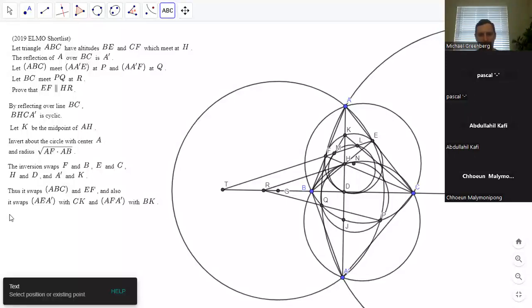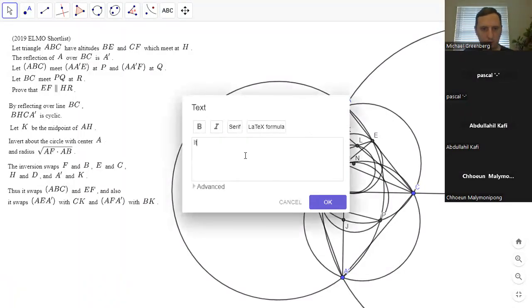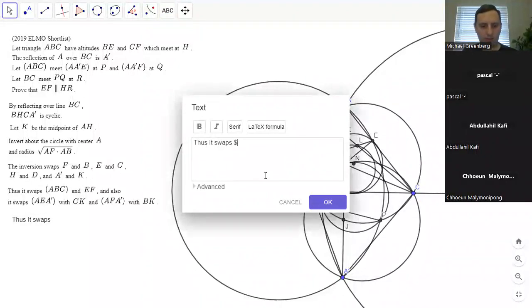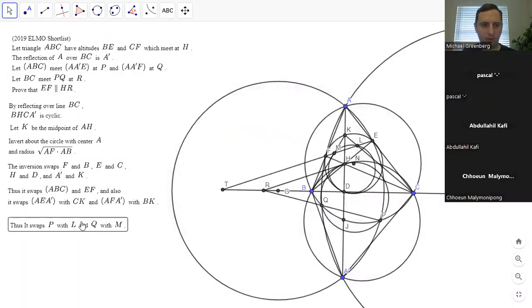So thus it swaps P with L. I think it's P and L, right? Yeah. P with L and Q with M. Okay.